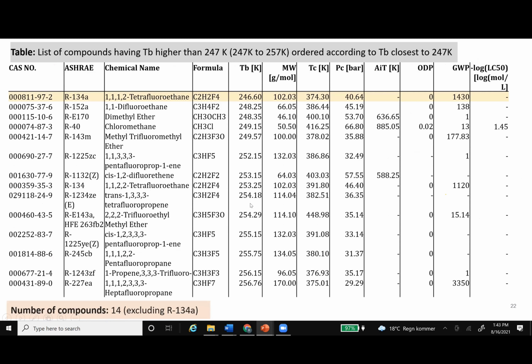We see about 14 chemicals, and we can see also their global warming and toxicity and autoignition temperature and so on. So the values that you see are the measured values. So if the value is not given, then it means that we need a model to estimate them. So that's why model is also very important.